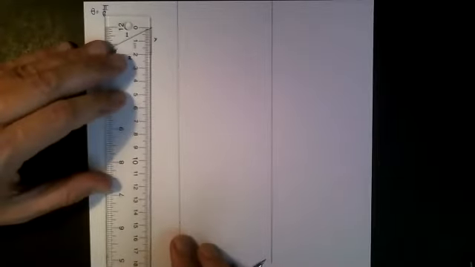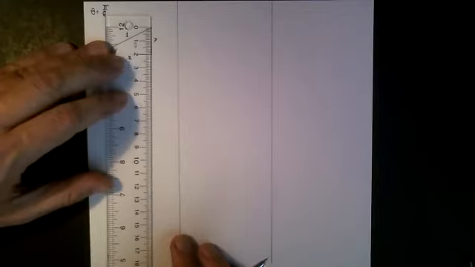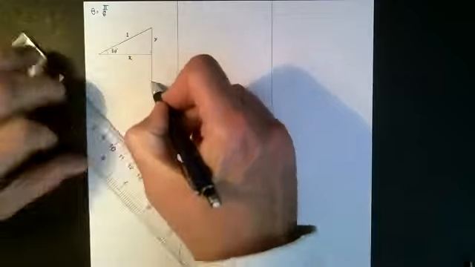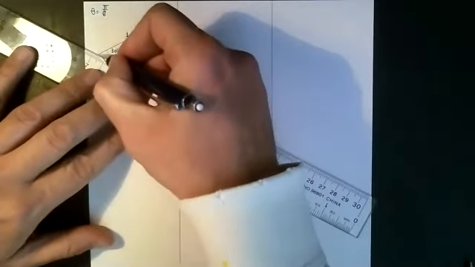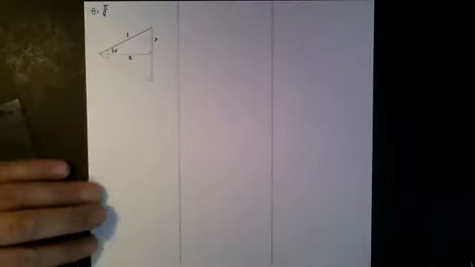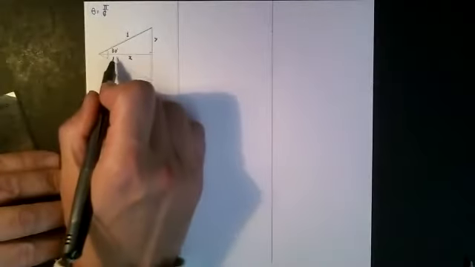So what I'm going to do now is draw the exact same triangle right under it. I'm going to recopy this triangle and replicate it right below. So here, same exact thing. Okay, this is still 30 degrees.